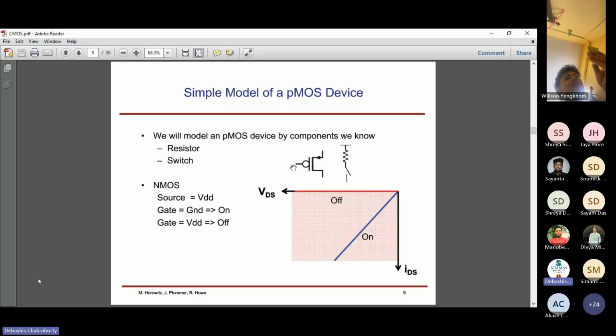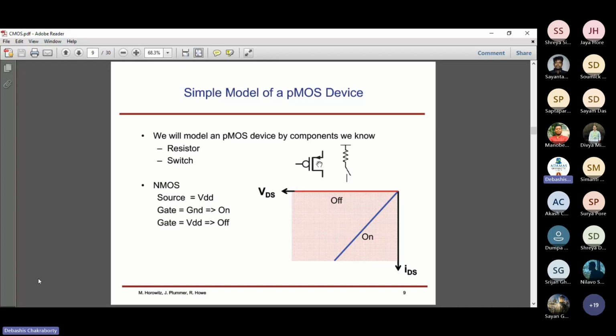This is the gate terminal. This one is the drain terminal, and the arrow is associated with this terminal, which is known as the source terminal. For the PMOS device, this arrow is entering the device, so it is an inward arrow. Have you noted that? Now I'm going to the symbol for the NMOS.